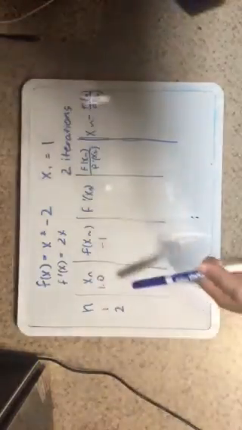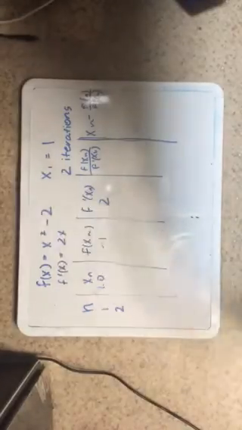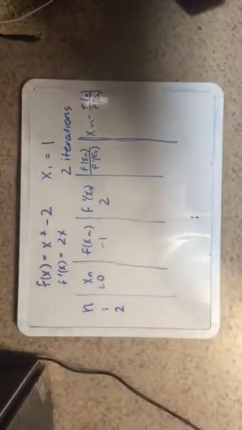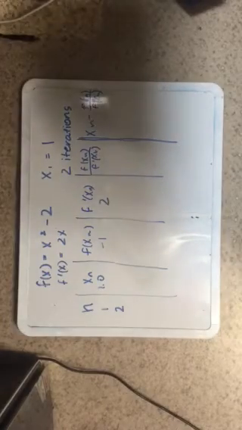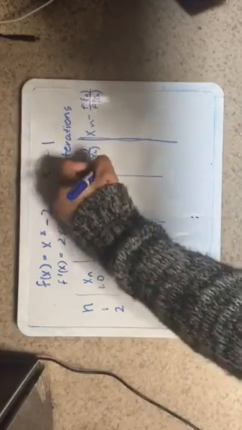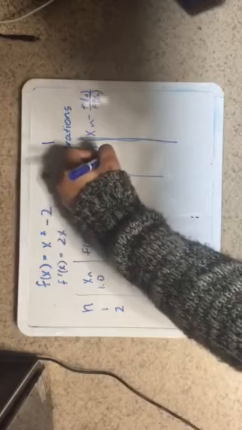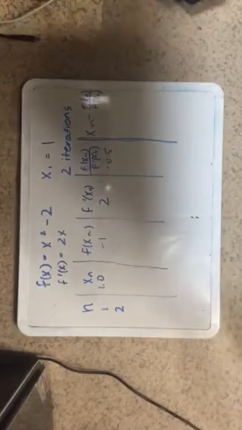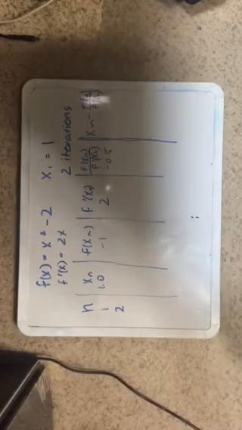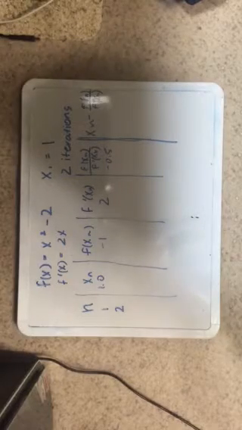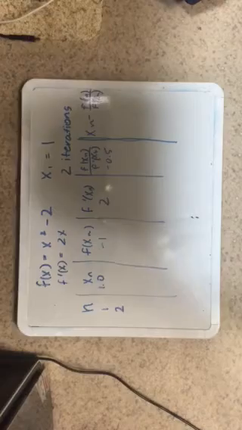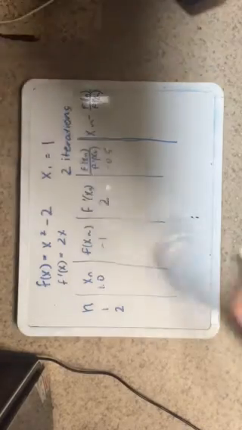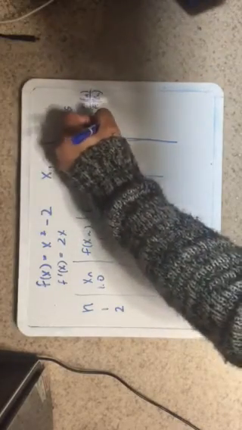So then when you plug in 1, you're going to get 2. And now f of xn over f prime of xn is negative 1/2, so it's negative 0.5. And then xn minus, so 1.0 minus negative 0.5 is 1.5.